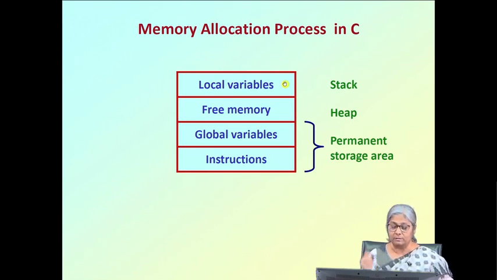Now, in between the permanent storage space and the storage space reserved for the local variables, there is some free memory, and this is called the heap. This is free memory, that means if extra space is required, this memory will be used. So, this is the concept of memory allocation.